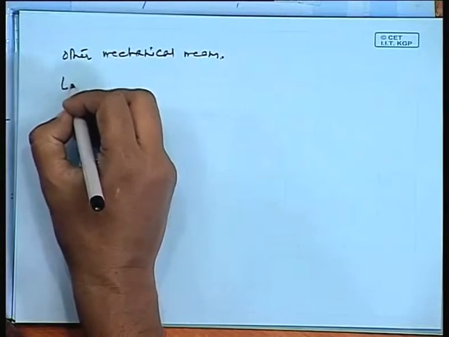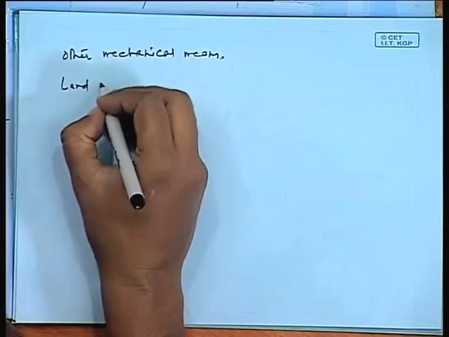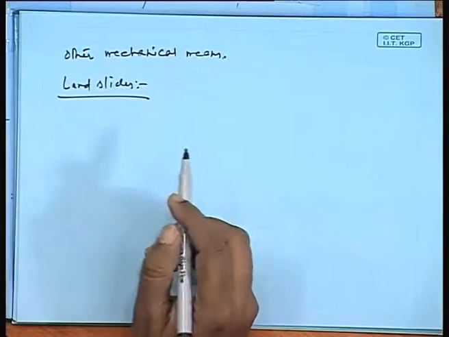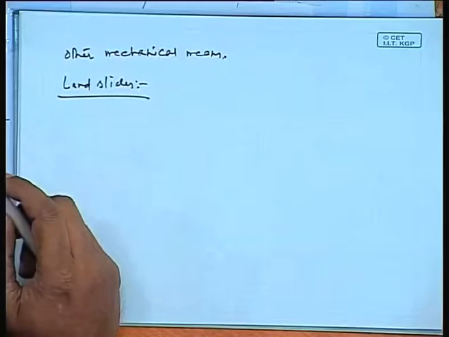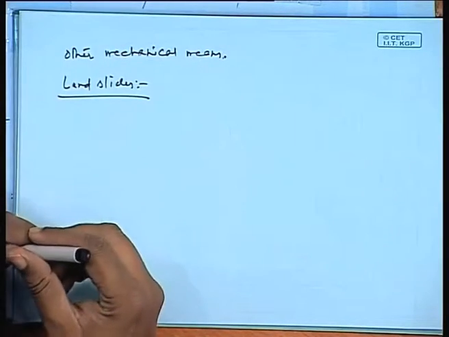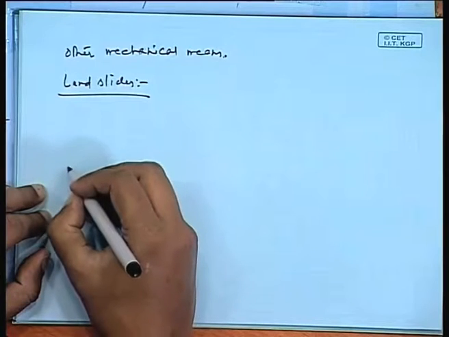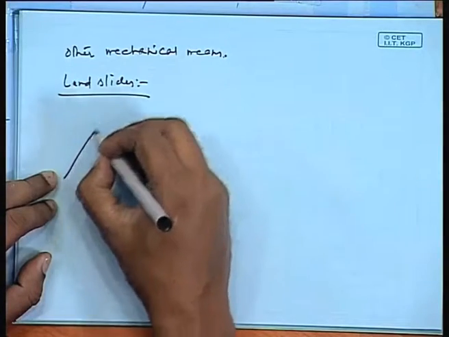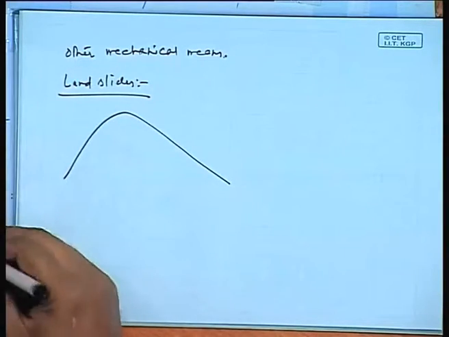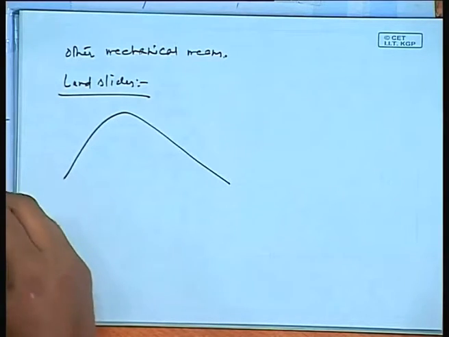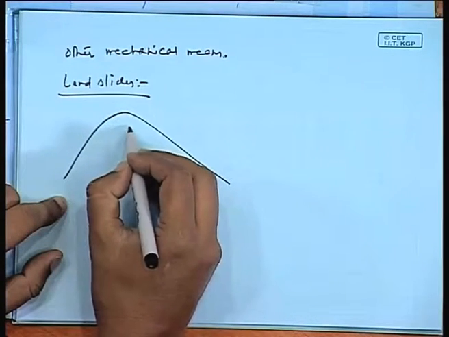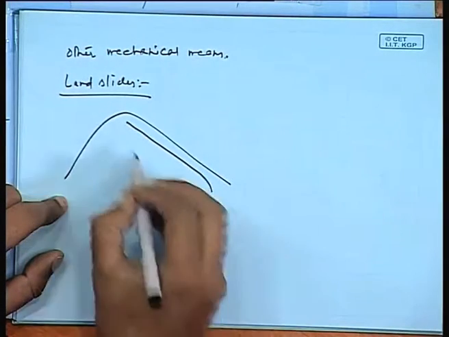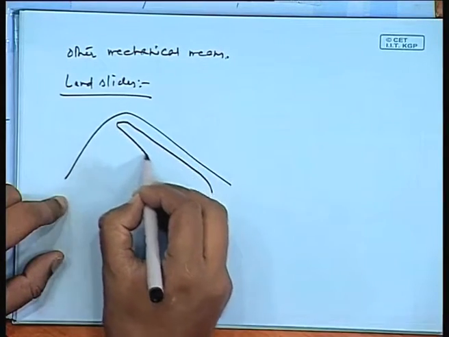Another important aspect is the landslides. The landslides are somewhat different, in the sense that mostly landslides are also related to denudation of forest, to the cutting of trees, but there is some characteristic difference here. Suppose there is a particular rocky surface here.